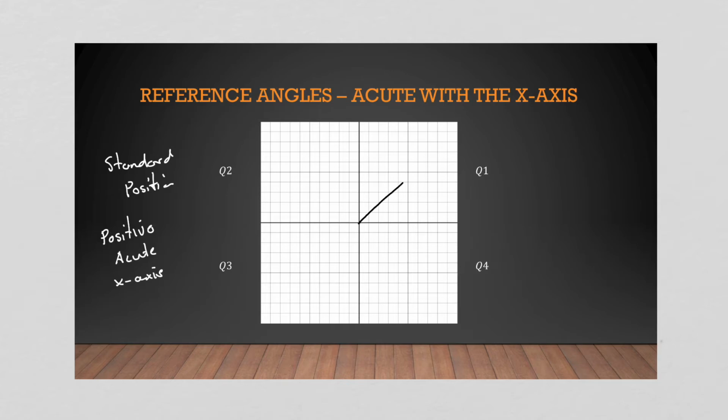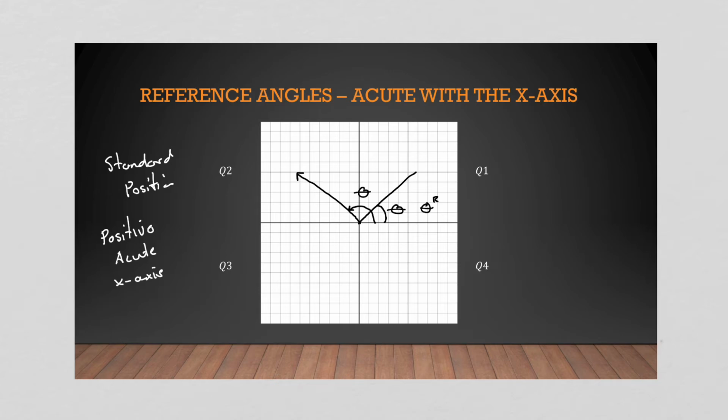So here's the terminal arm in quadrant 1. Here is the angle that is created by the rotation. That is our reference angle. And I'll just say theta with a little r, because that is my positive acute angle with my x-axis. Now, as that terminal arm continues and swoops through into quadrant 2, this is my theta, right?